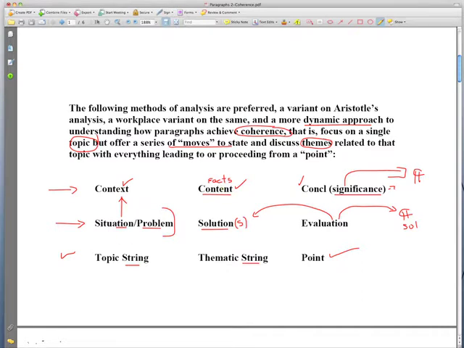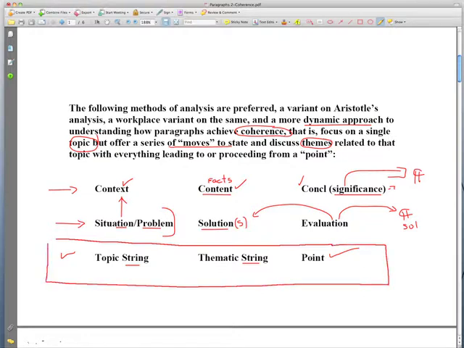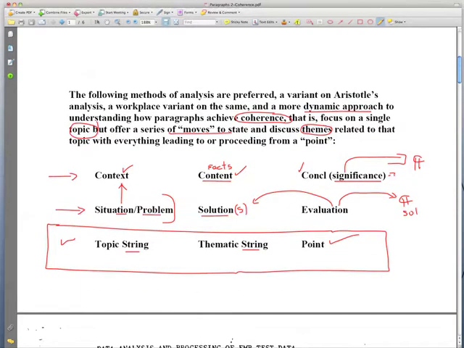The one I'm most interested in introducing to you, though, is this one right here. You can find this in Joseph Williams's book on style. Any given paragraph may be analyzed perfectly well using any of these coherence strategies.